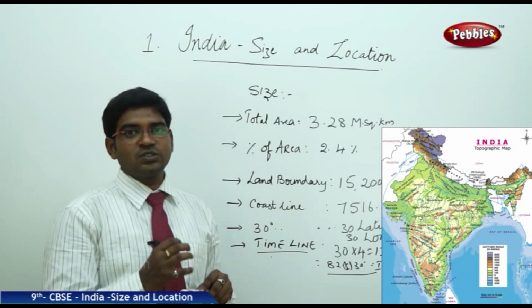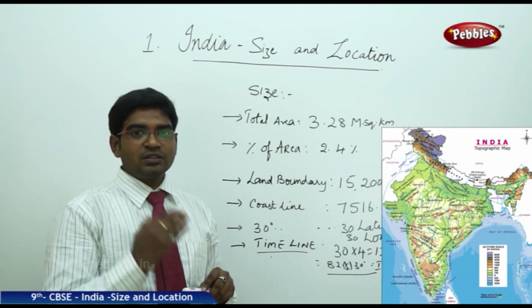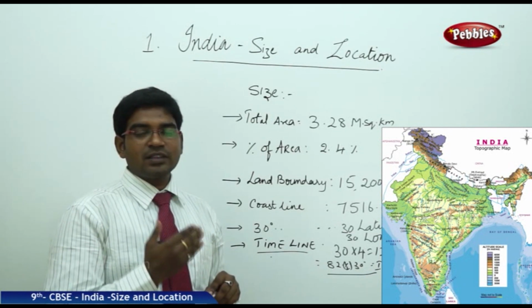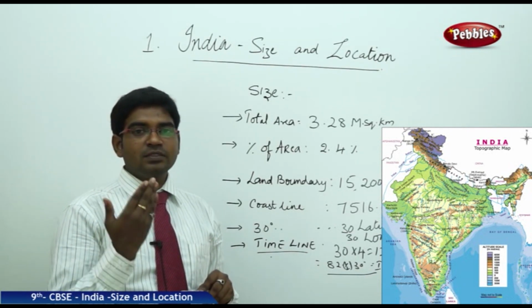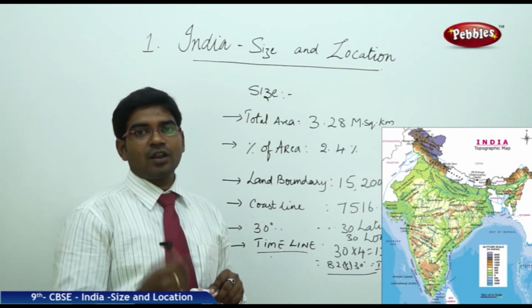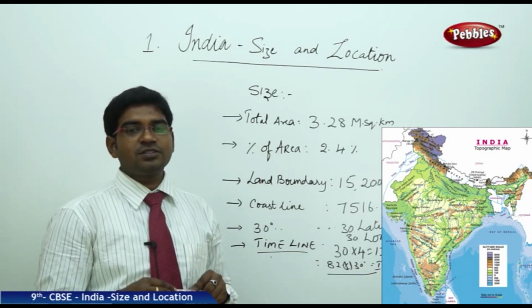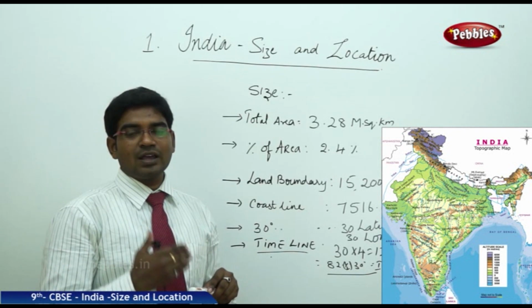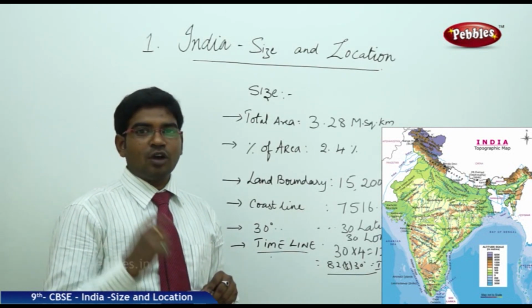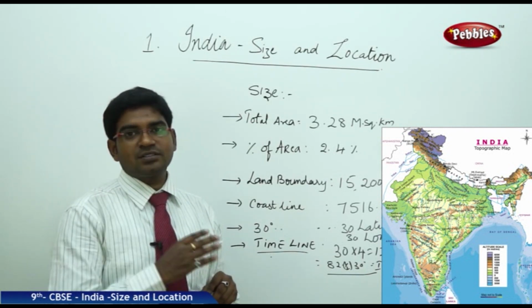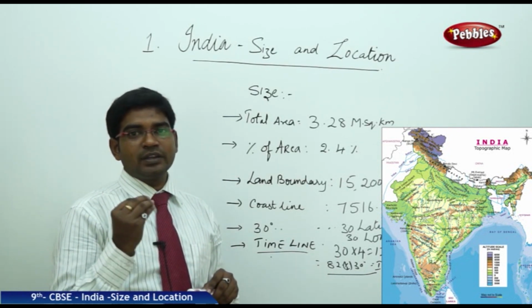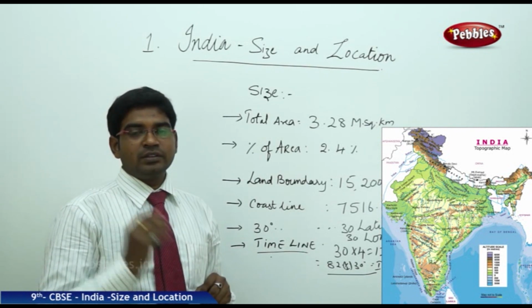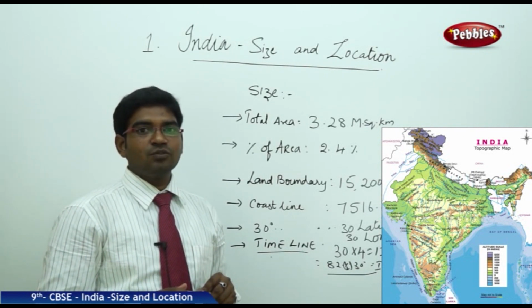And then the time zone of India has been fixed at 82 degrees 30 minutes to avoid further confusion between the time differences, because if you take Gujarat's longitude as the time base, you get 2 hours of difference at Arunachal Pradesh, while if you start at Arunachal Pradesh, you get 2 hours of variation in Gujarat. So in order to avoid this confusion, they have fixed the time zone with the standard meridian of 82 degrees 30 minutes. Next, let's move on to India and the world.